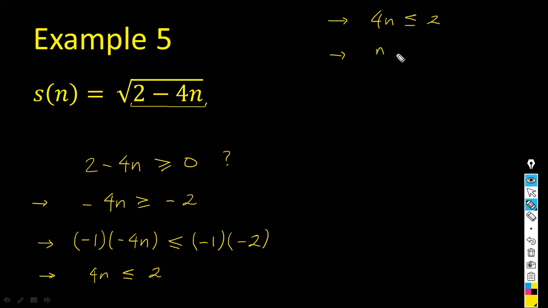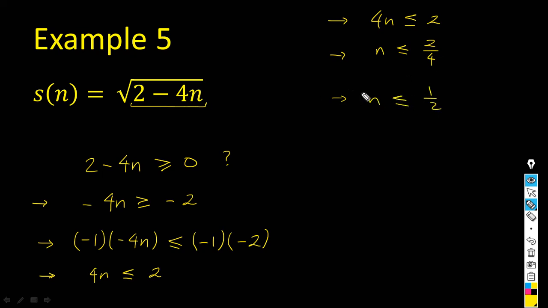Since 4 is a positive number, I do not change the direction of the inequation. You only change the direction, like from here to here, when you multiply or divide an inequation by a negative number only. So what do we get? We get 2 over 4, and so we get n is less or equal than 1/2.